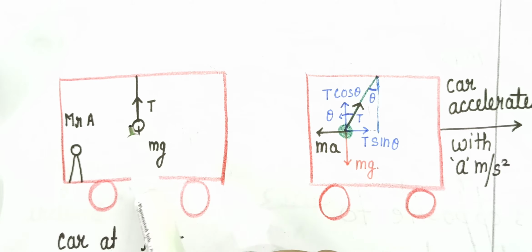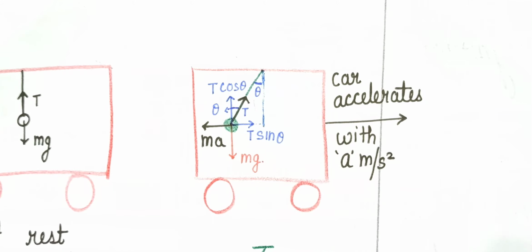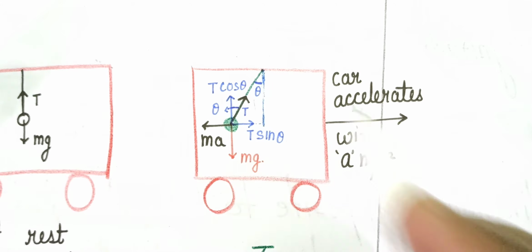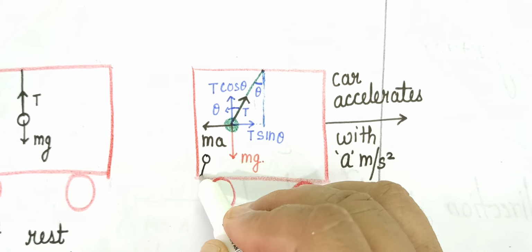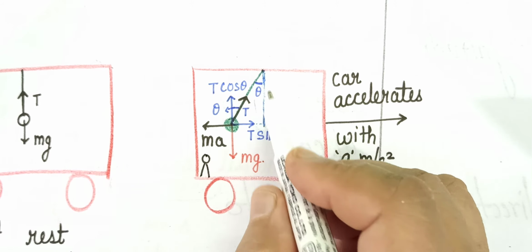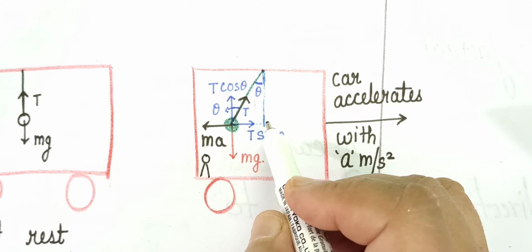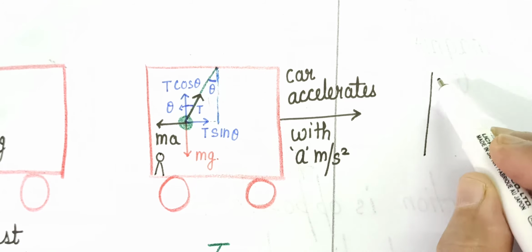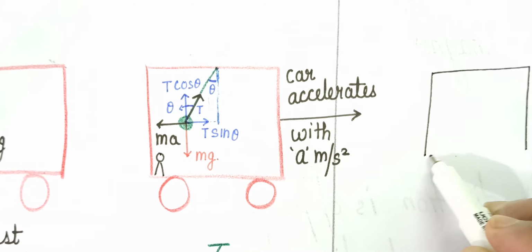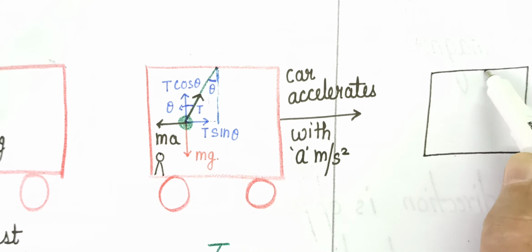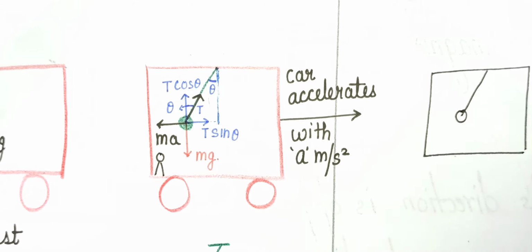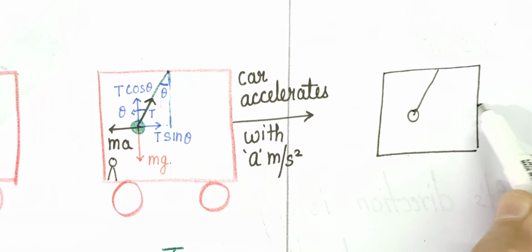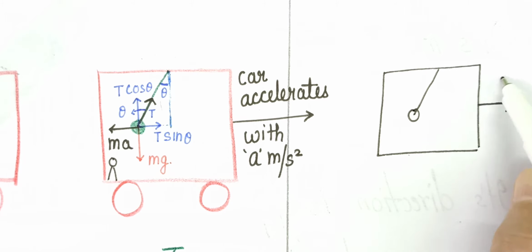But suddenly the car starts moving and it accelerates in the right direction. And Mr. A observes that the pendulum is no longer in vertical position. Mr. A observes that the bob shifts from its vertical equilibrium position like this if the car is moving in this direction.